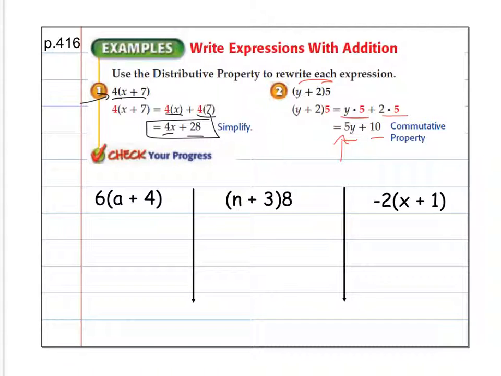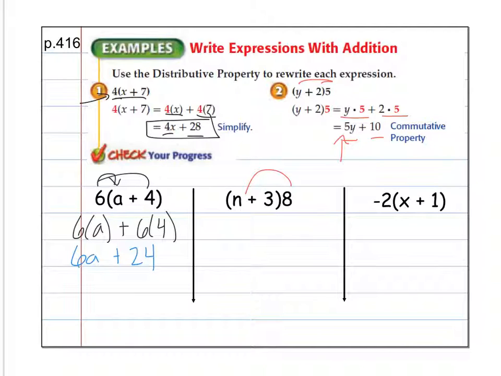So why don't you try some of these, pause, and then come back. So I do 6 times a plus 6 times 4, which is 6a plus 24. A lot of common mistakes with distribution are that people take it to the first number but then forget the second one. You have to distribute to everything inside the parentheses.